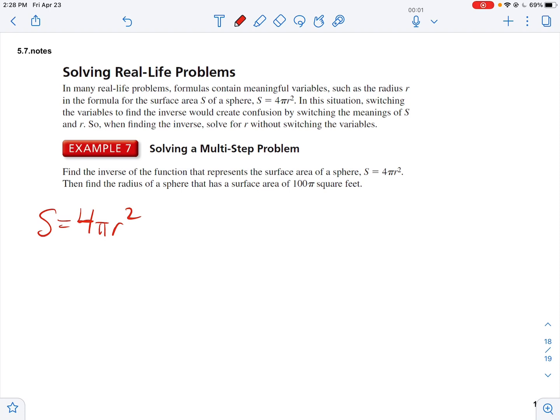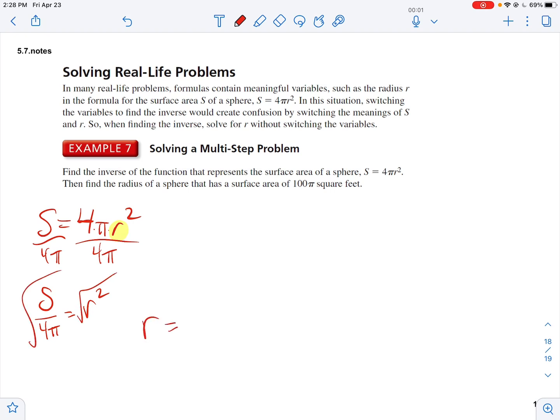So find the inverse. That means we want to isolate and get r all by itself. So we're going to undo. Next to each other means multiply. I'm multiplying by 4 and I'm multiplying by pi. So I'm going to divide by 4 and pi. I'm going to do them at the same time. So I get S divided by 4 pi equals r squared. And then I'm going to square root it.